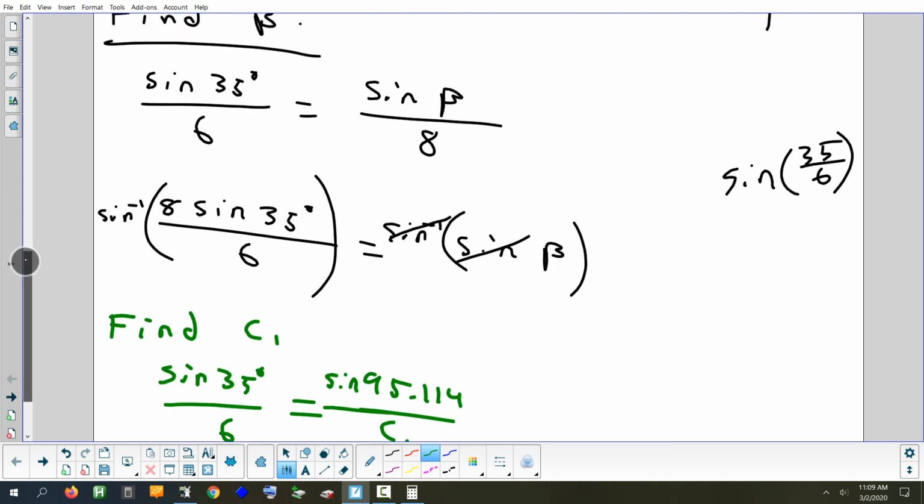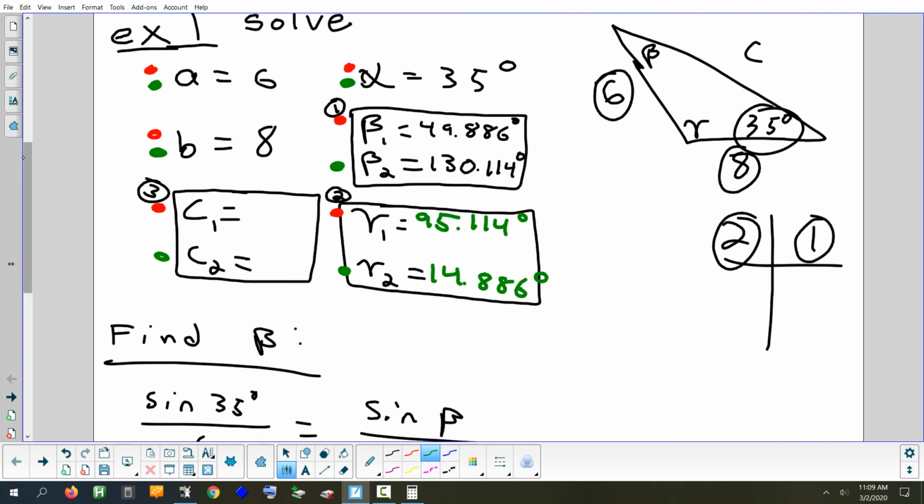Now, when he gave me sine of 35 over 6, technically he had two choices. He chose to solve for the side in the red problem. So he had to use a red row that was full. Well, A and alpha is a red row. B and beta 1 is a red row. Why not use B and beta 1? It wasn't given. Okay. Neither was this 95.114.